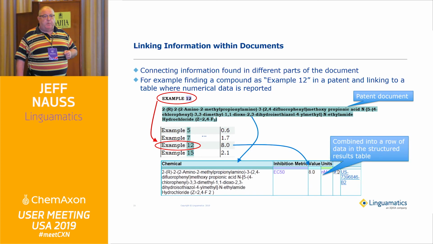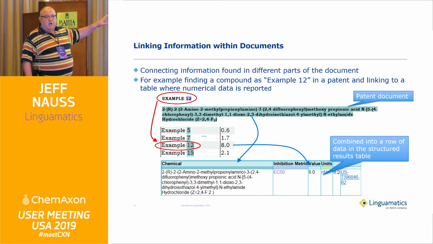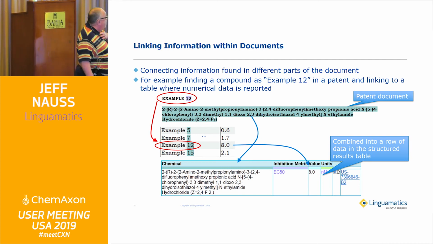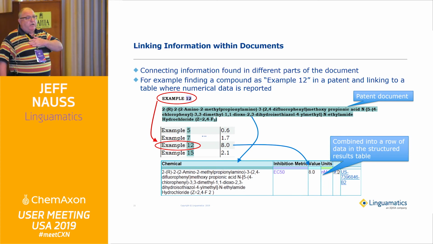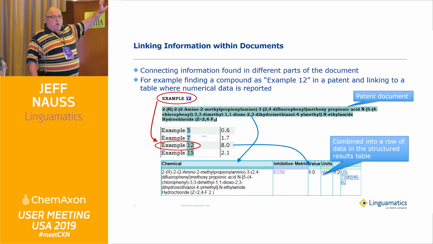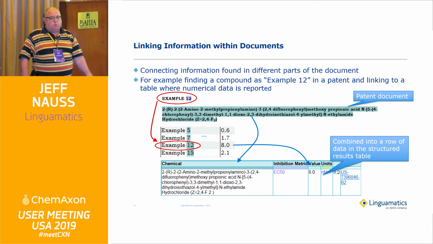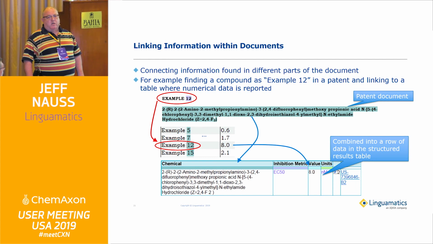And the output from I2E would give us the chemical compound, what was the measurable that we looked at, the EC50, and that it's 8, I can't see the units there, micromolar or whatever it is, probably micromolar. So again, we're able to look elsewhere within the document, starting with the exemplified compound, and look elsewhere for every other occurrence where example 12 is being mentioned, whether it's in a table, whether it's in the text, whatever. And you can pull out that kind of quantitative information.